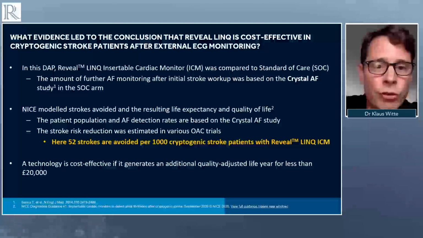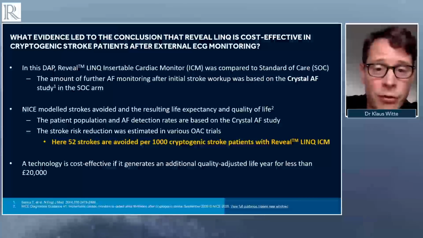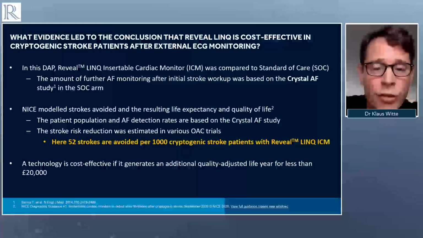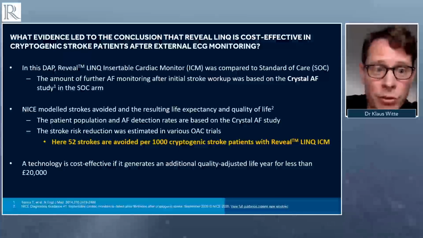So they modeled the degree of stroke, the severity of the stroke, the frequency of the stroke, the complications of the stroke, and allowed thereby the calculation of the quality of life assessment of patients who have had a cryptogenic stroke and then go on to have or not have a second cryptogenic stroke.